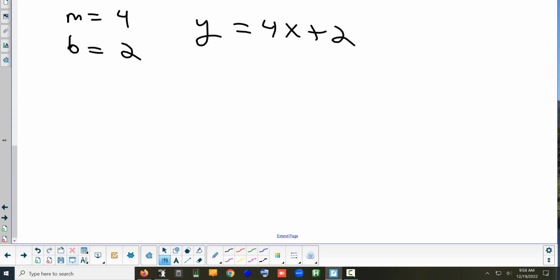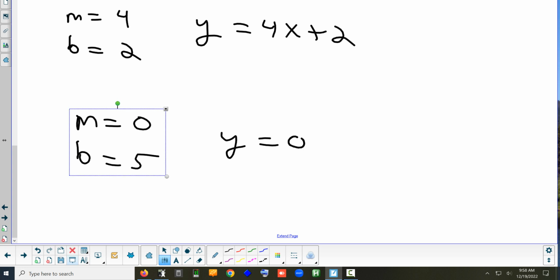How about if I had something like this? m equals 0 and b equals 5. Anyone think they could tell me what the equation would be if m is 0 and b was 5? Yeah, it would end up being y equals 5.